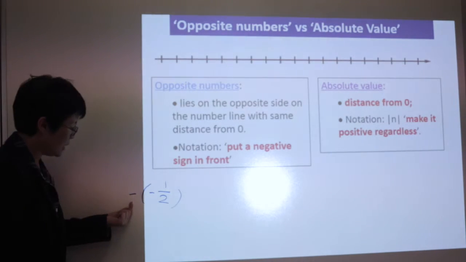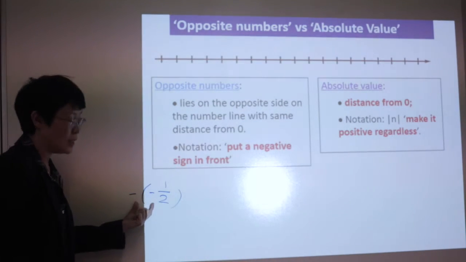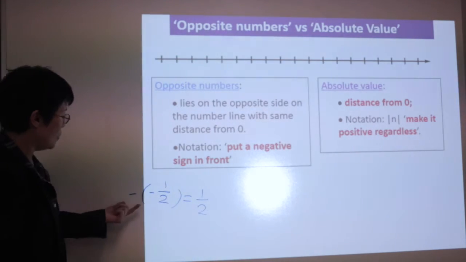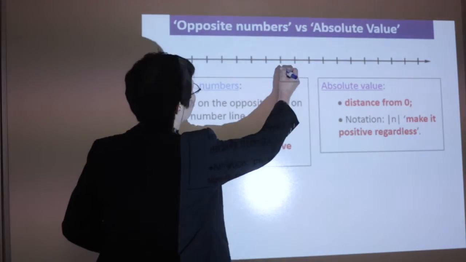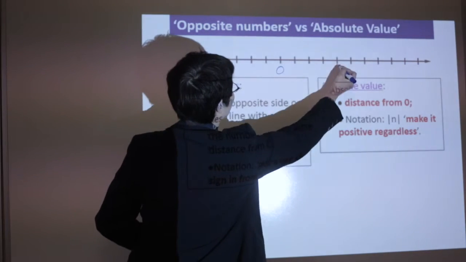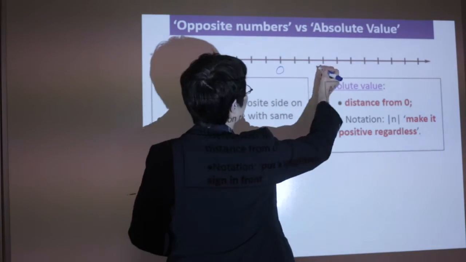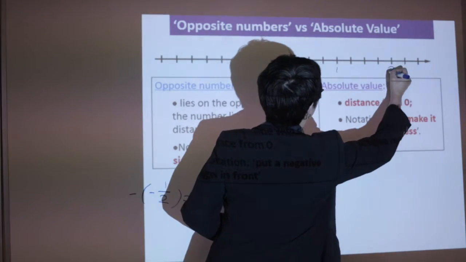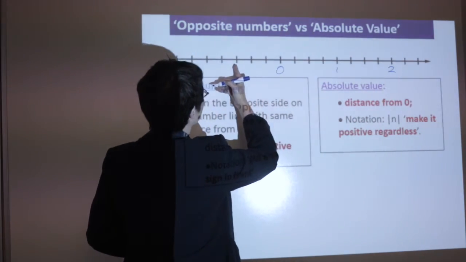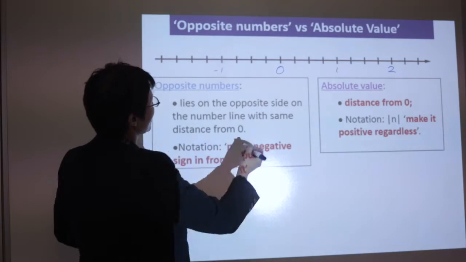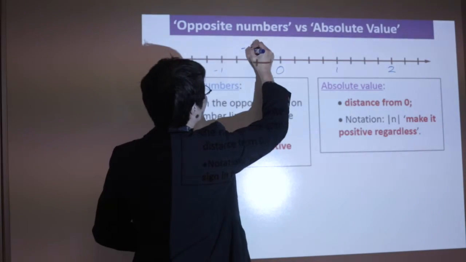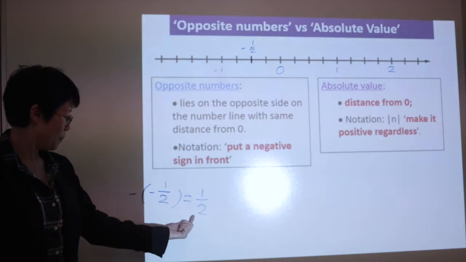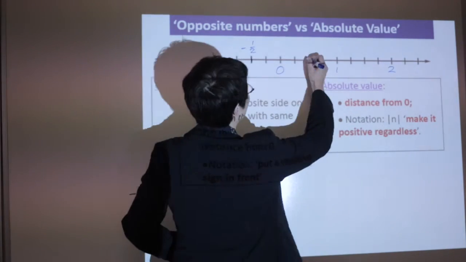We know that two negatives of the same size give positive. On the number line, if this is my 1, then this is negative 1, so half is negative half. So the opposite number of negative half is positive half.